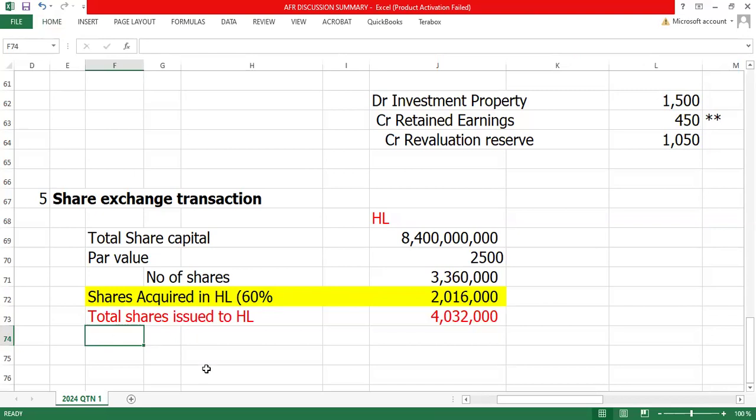Now, after that, this is where the logic comes in. You need to know, what is the market value of these shares you issued?